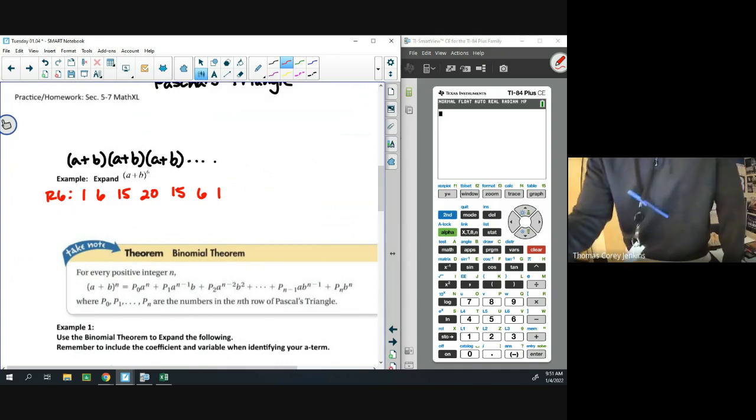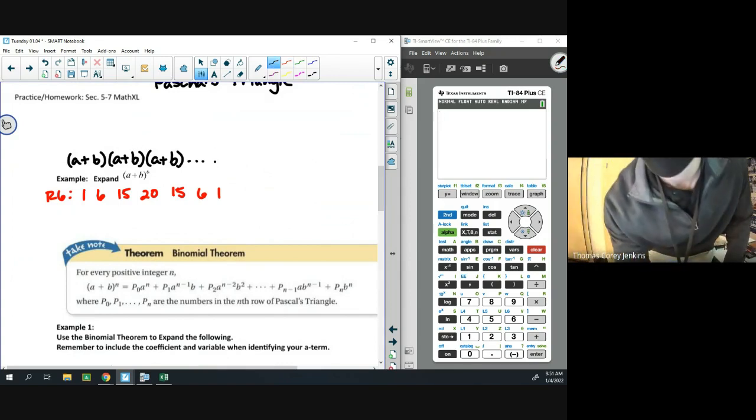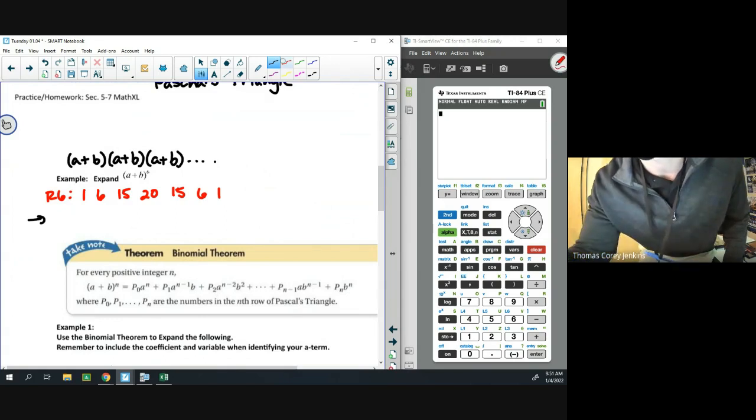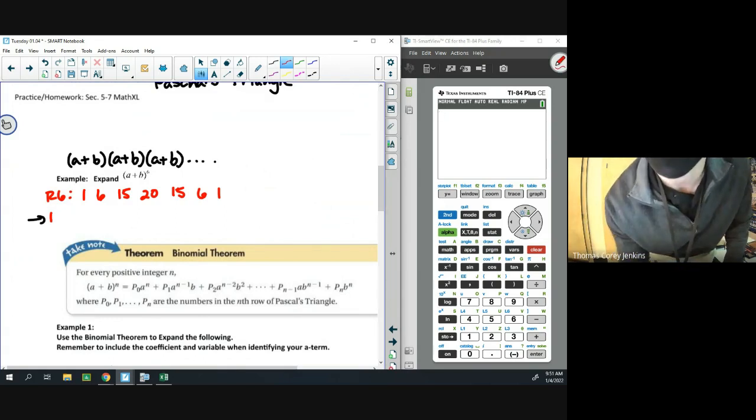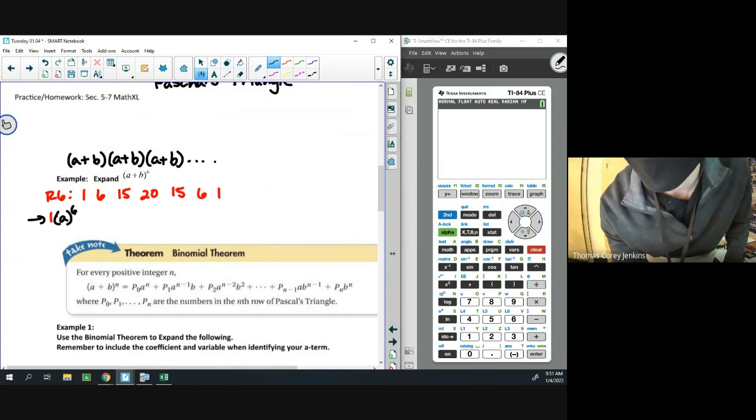All right, so here's how it works all together. The coefficient of the first term is going to be 1. And then we have A raised to the 6th power, and then B raised to the 0 power.